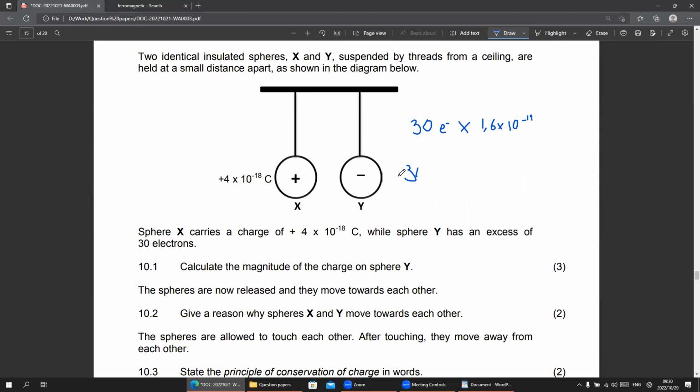Since this is a 3-mark question, usually they want you to state the formula, substitute, and get your final answer.